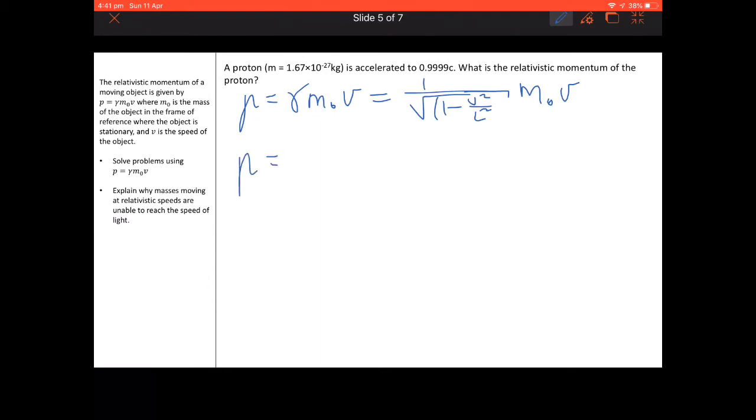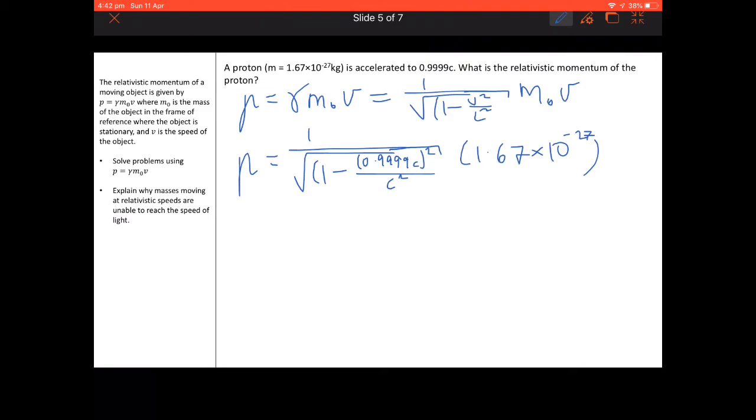Subbing in our values, this will be 1 over the square root of 1 minus 0.9999c squared over c squared. And then the mass is 1.67 times 10 to the negative 27.